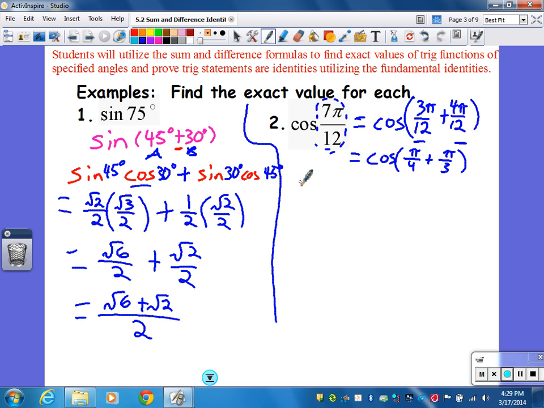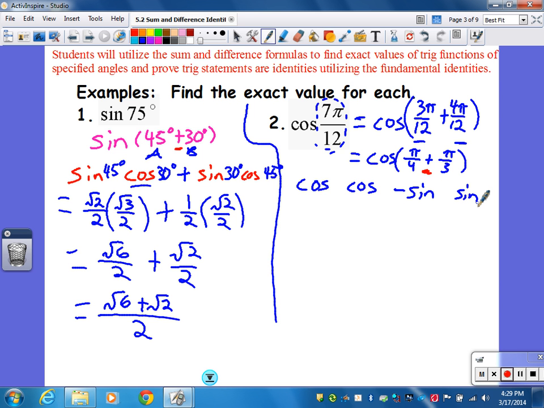Okay, so now cosine has cosine, cosine. And then opposite, remember this, opposite the sine. So I'm going to have minus sine, sine.